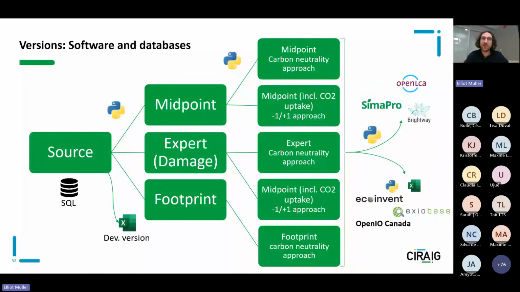And for all those files, we either update them at each version to the most up-to-date ecoinvent version, or for instance with Brightway or for versions directly usable with ecoinvent, we provide versions for different versions of the ecoinvent database.